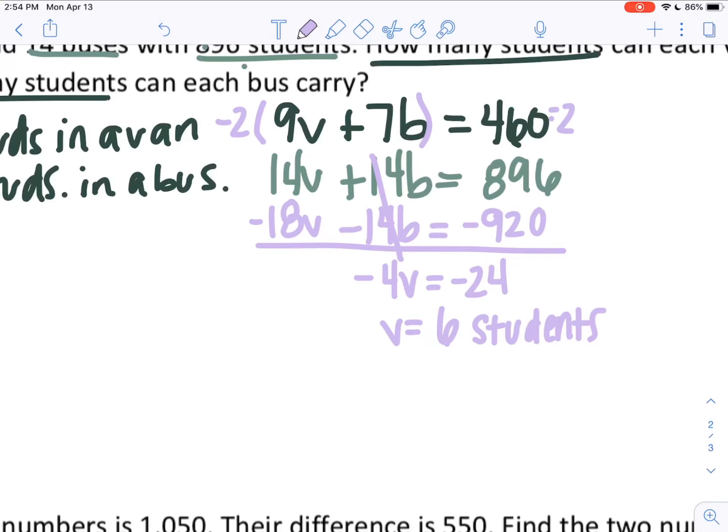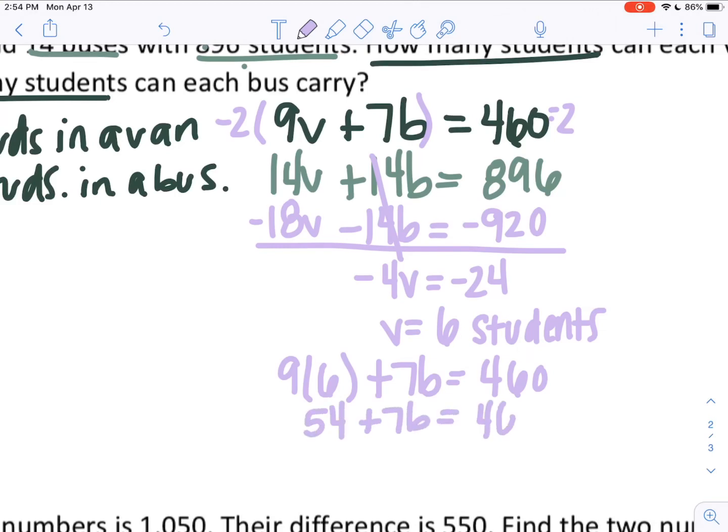I'm going to plug it into the dark green first equation. So 9 times 6 plus 7b equals 460. So I get 54 plus 7b equals 460.